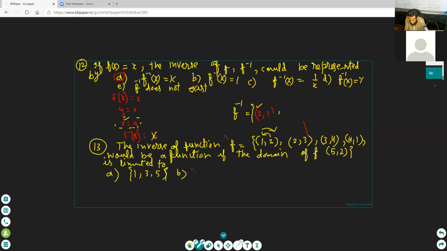So (2, 3), (3, 2), (4, 3), (1, 4), (1, 4), and (2, 5).